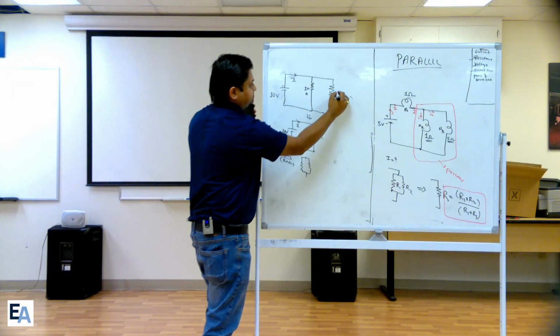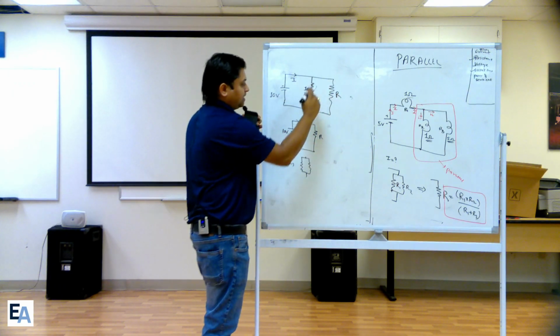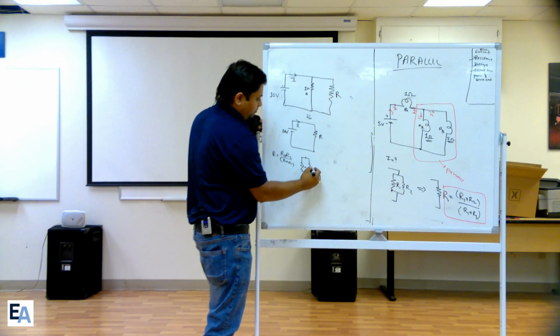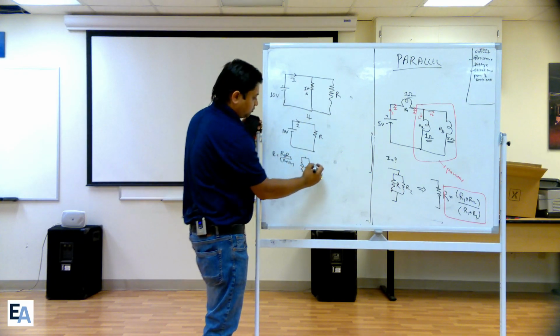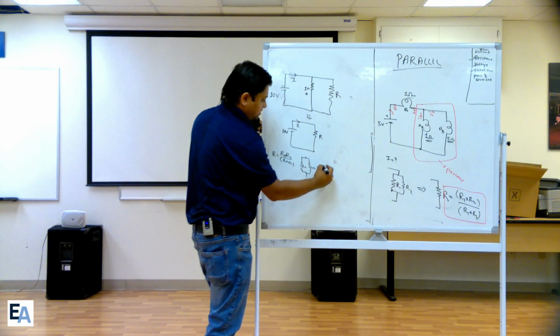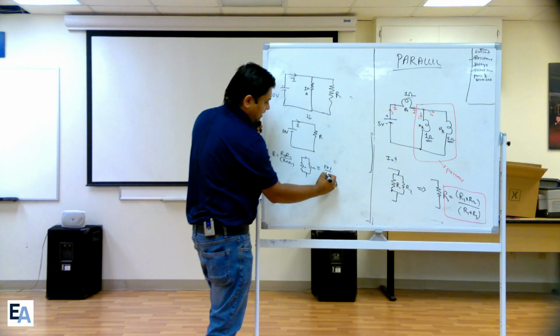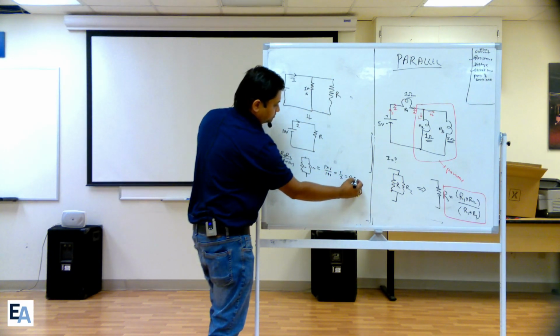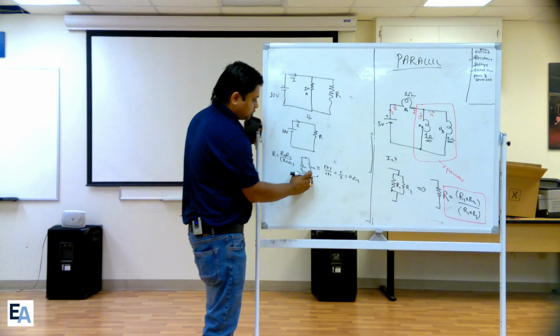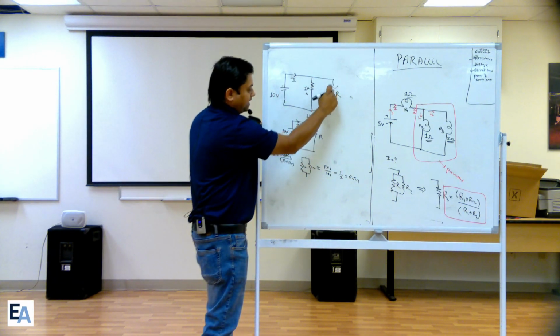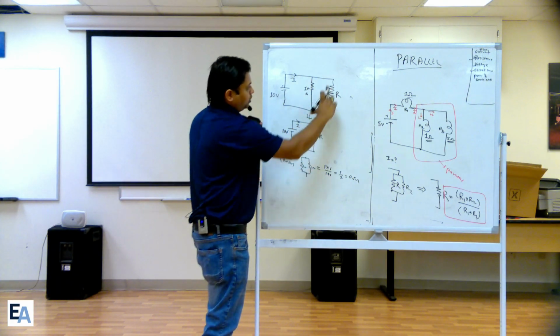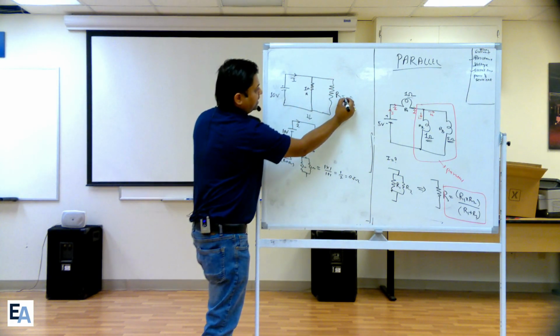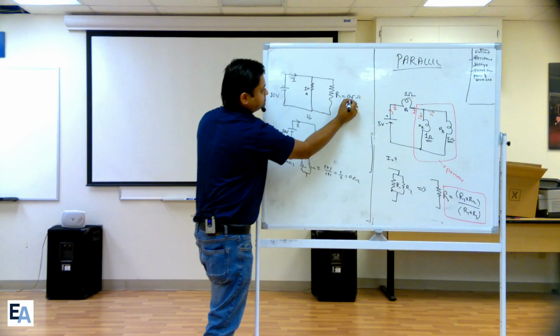Earlier my circuit was 1 ohm here and 1 ohm here, right? Using this formula, 1 times 1 divided by 1 plus 1 is 1 by 2, which is 0.5 ohms. So now I can make this circuit like this and say this is actually 0.5 ohms.